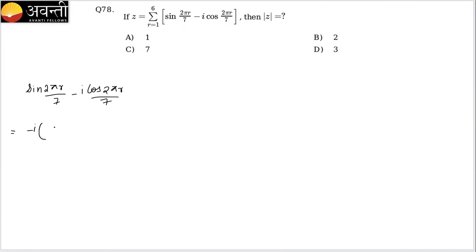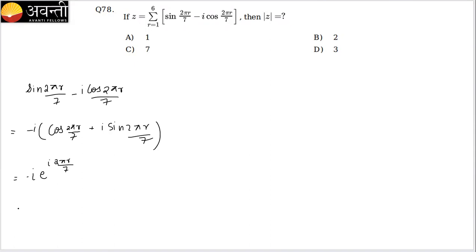So if I take minus i common, I'll get cos 2 pi r by 7 plus i sine 2 pi r by 7, which is nothing but, according to Euler, e raised to i 2 pi r by 7.